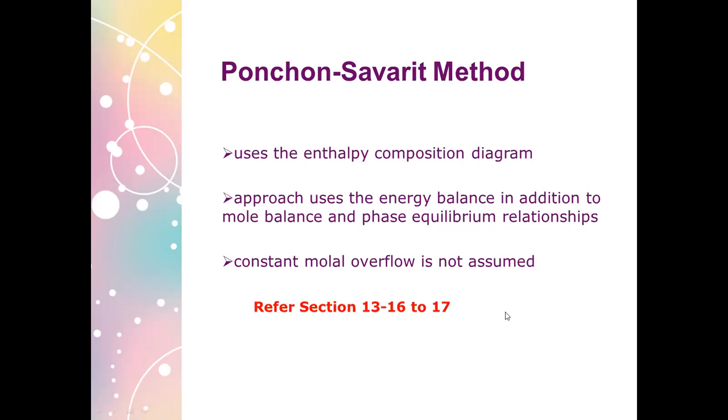But in Ponchon-Savarit, we don't assume that it is negligible. The streams entering and leaving a particular column, the liquid and the vapor, are equal in McCabe-Thiele. In Ponchon-Savarit, they are not equal.